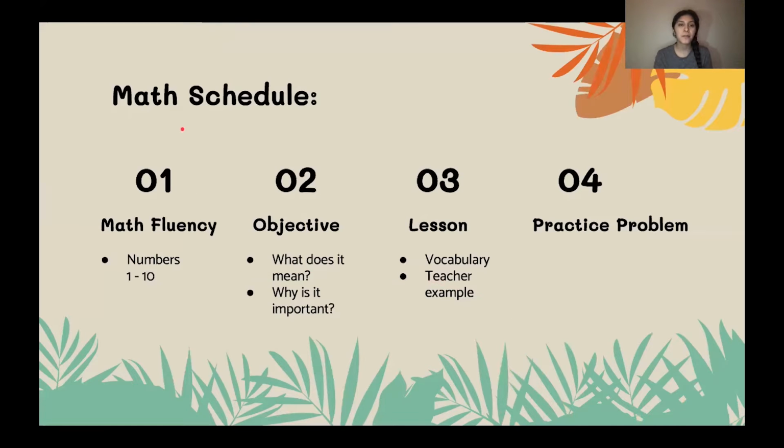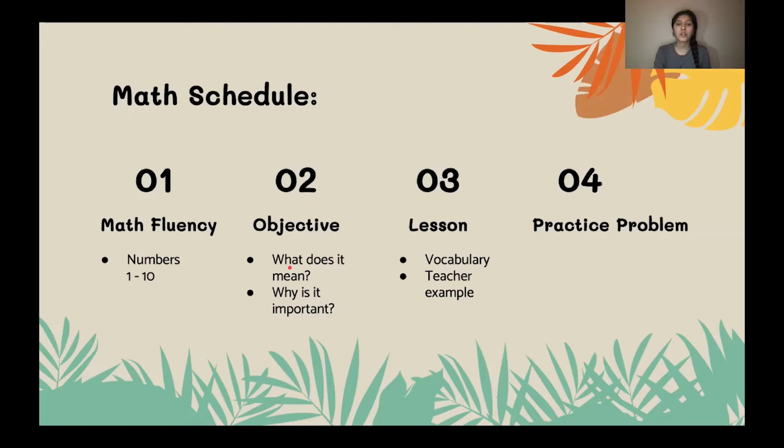So this is our math schedule for today. The first thing we're gonna do is some math fluency. We're just gonna review 1 through 10, and we're gonna learn how to spell 1 through 10, okay? So you're just gonna need some paper and a pencil for that. And then the second thing we're gonna do is our objective.